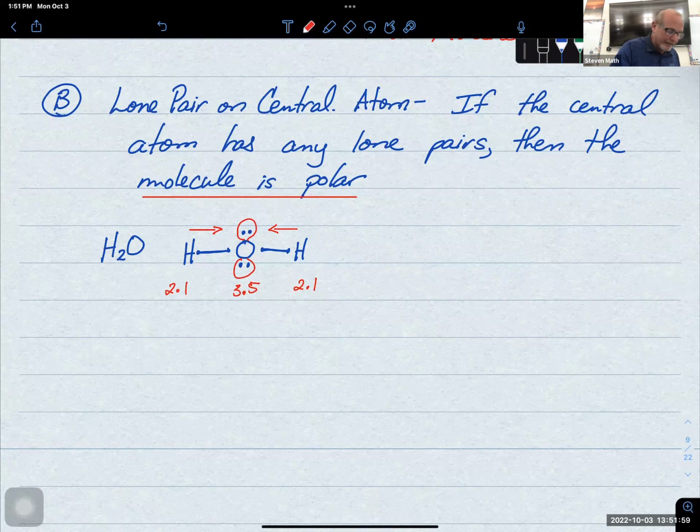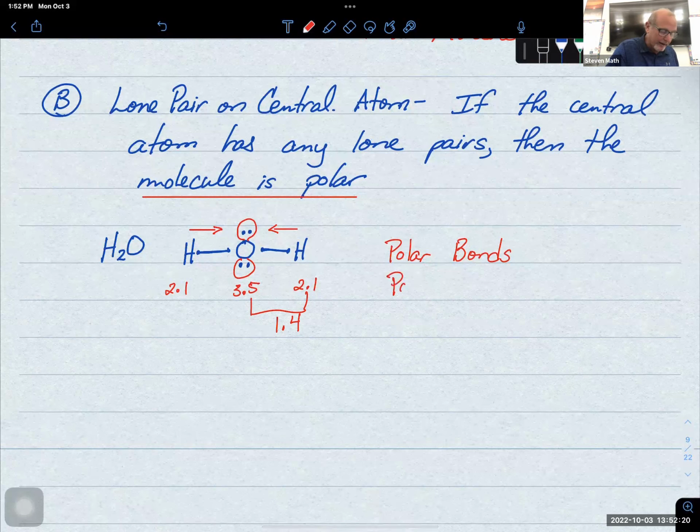And so what we have here are polar bonds, because the electronegativity difference between these two is 1.4. That's below 1.7. So I have polar bonds, and because of the lone pairs on that oxygen, we have a polar molecule.